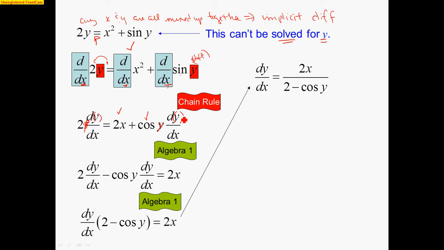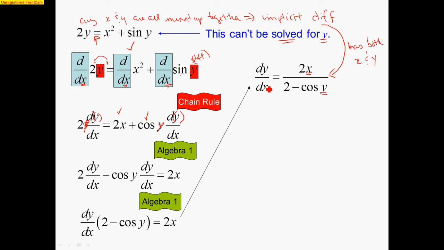Notice that when I have dy dx, I'm going to have both an x and a y in my derivative rule. Implicit differentiation means my derivative has both x and y in it.